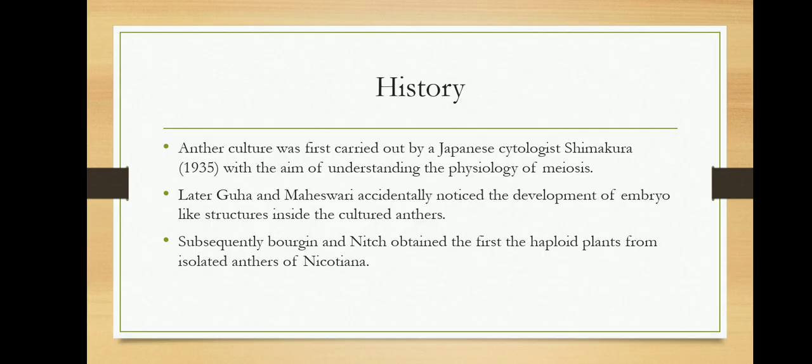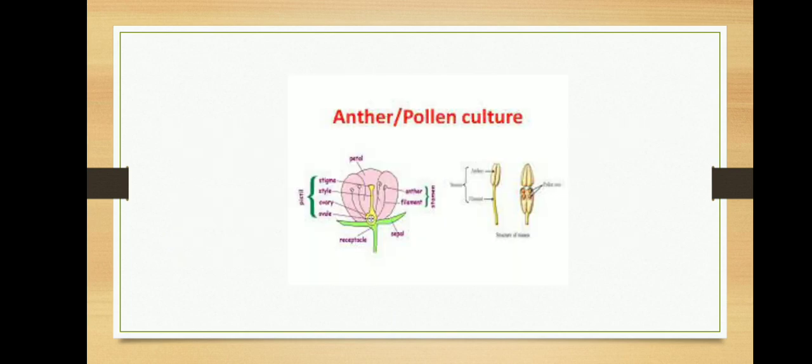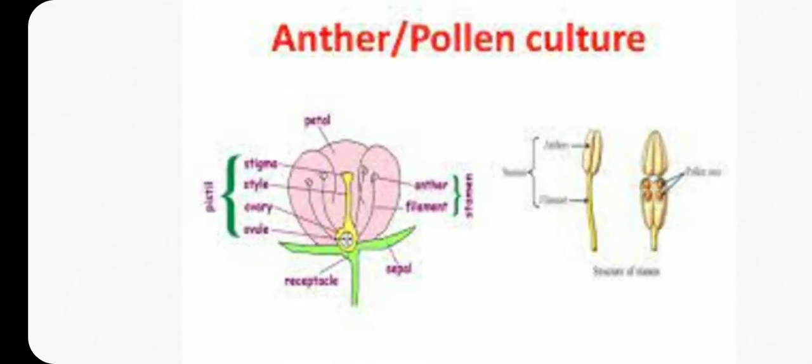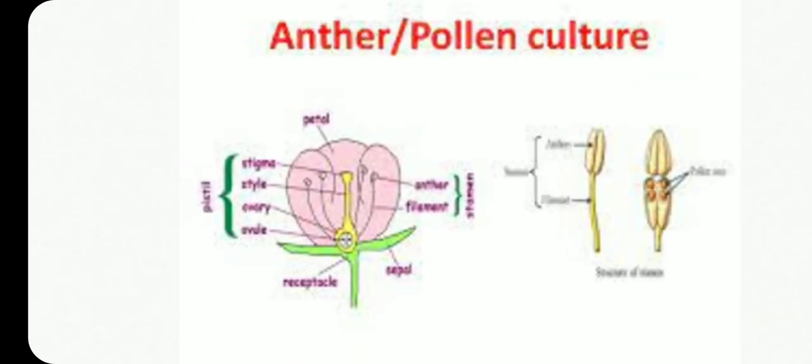and other crop species. In this picture, you can clearly see what is anther and what is pollen. Here, this is the flower. Flower contains the sepals, petals, androecium and the gynoecium.